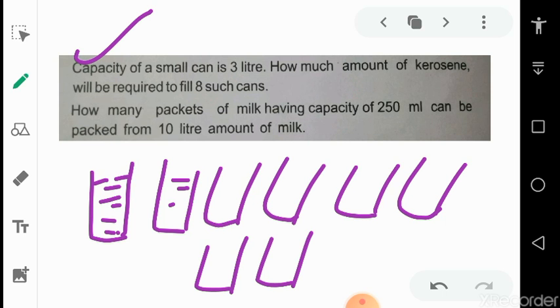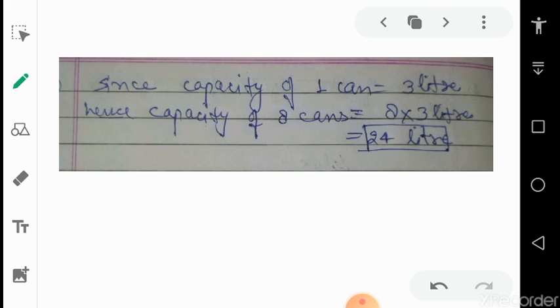If all these are filled up with kerosene, what will be the total amount of kerosene? The given information is about one thing and it is asked about many things. As I told you, it is the case of multiplication. So in the solution we write the capacity of 1 can, and the capacity of 8 cans is just 8 multiplied by 3 liter, that is 24 liter.